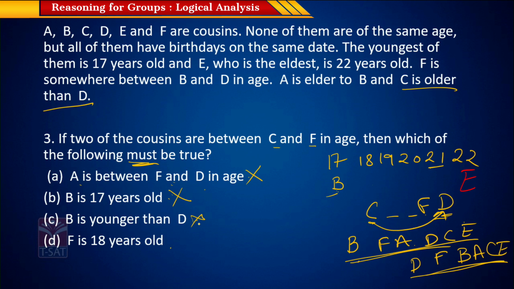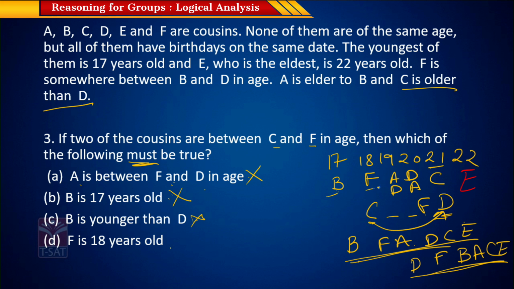So let's see if F is 18 years old, does F always have to be 18 years old? So we have F here, which is between B and D, and again we have two cousins between F and C. So this is C, and we can have A and D here, or we can have D and A here.